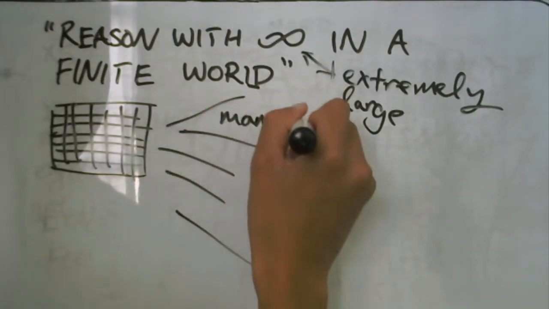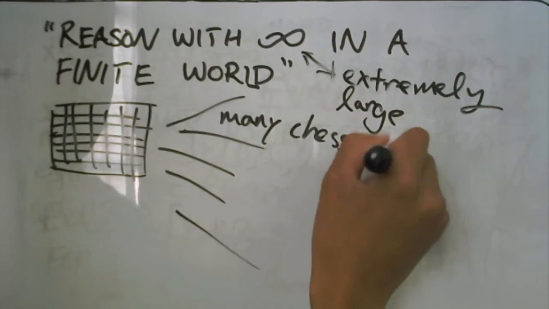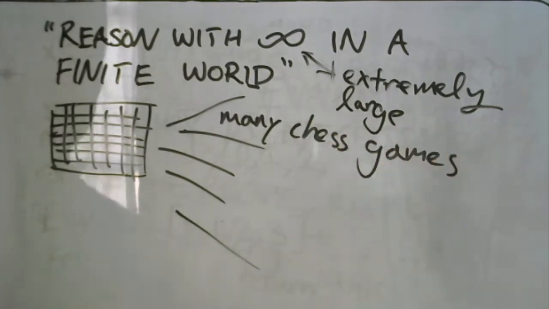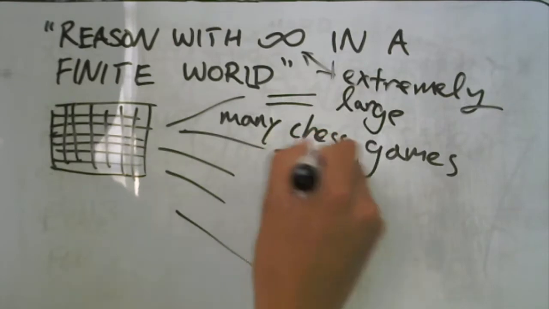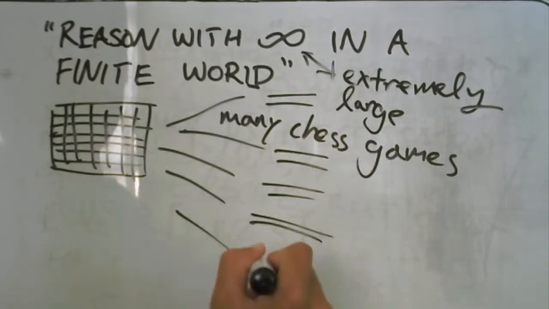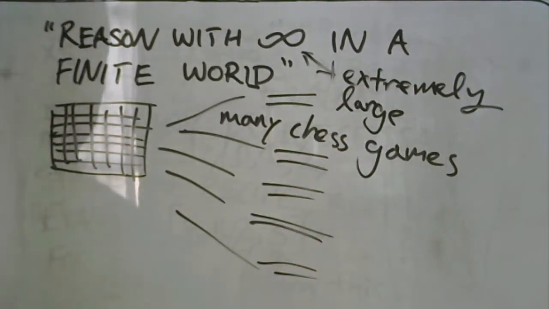To create a data structure of all the possible chess games, we would be applying this function over and over again in a specific way, so that first we start with our one initial chessboard, and then we would branch into all of the chess games that come after one move, and then branch into all the ones that come after 2 moves, branch into all the ones that come after 3 moves, and so on. And this one, if we're not careful, could be an infinite data structure.